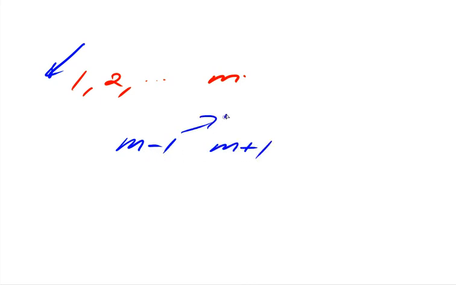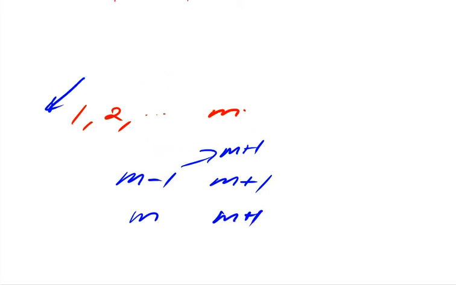We can show this in the general case by considering 1, 2, all the way up to m, and it's clear that m plus 1 can be inserted at the end, since anything can go there, next to m minus 1, since the upper bound there is m plus 1, and next to m. So there are 3 ways of inserting m plus 1 in some permutation of 1 to m.